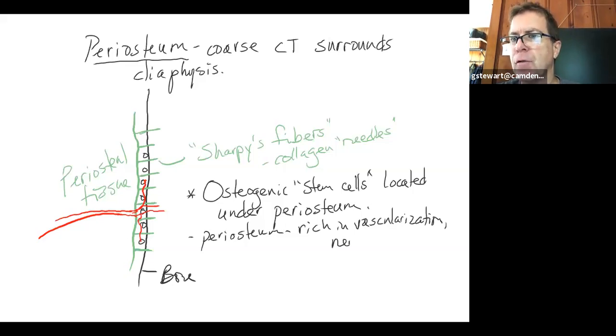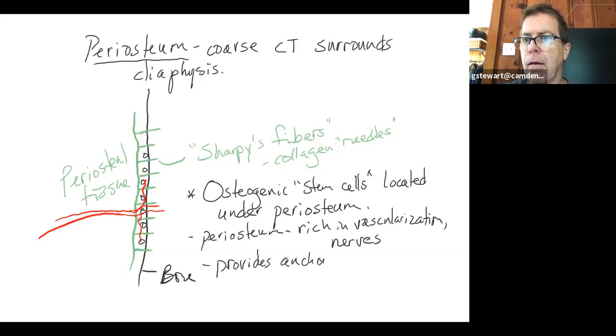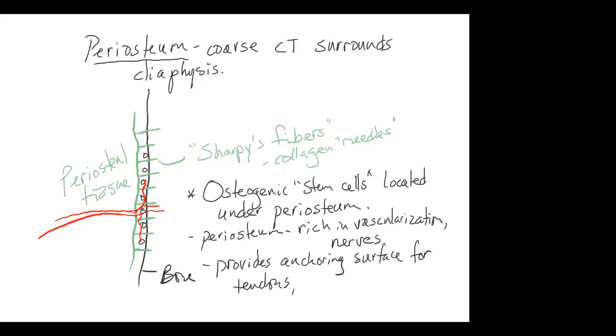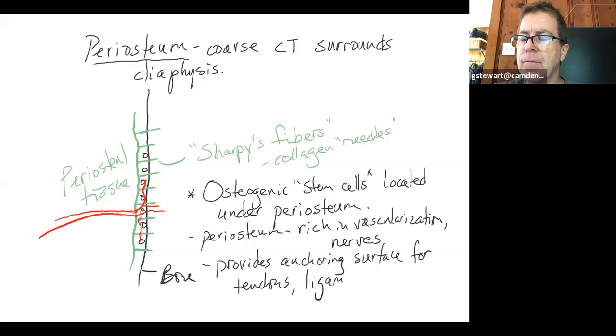Really, it provides a route for blood vessels and nerves to enter the bone. And finally, the periosteum provides an anchoring surface for tendons and ligaments. Remember, tendons are connections of muscle to bone, and ligaments, it's that dense regular tissue, are connections of bone to bone. So that gives you a general idea of what the periosteum is and what it does.